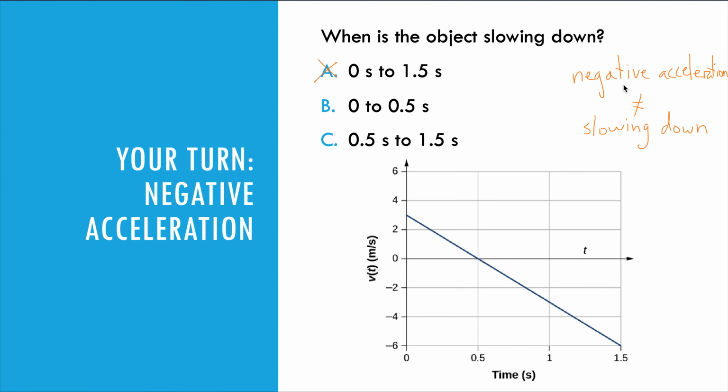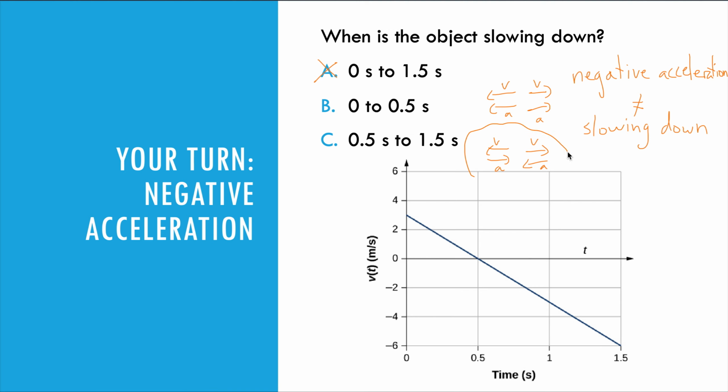So remember that if you want to figure out if you're slowing down, you have to look at the acceleration and the velocity. When velocity and acceleration are going the same direction, that means that you're speeding up. But when velocity and acceleration are going in opposite directions, that means that you're slowing down.